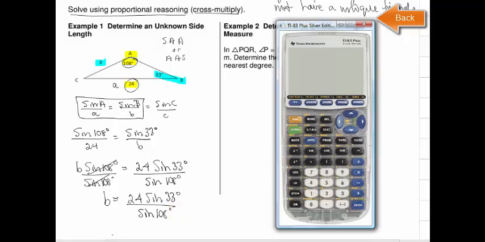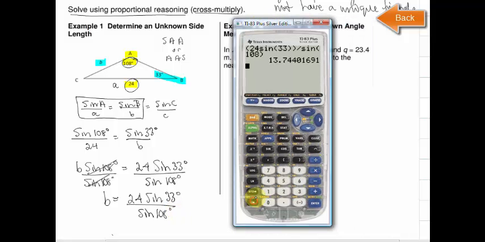Now I'm going to work that out on my calculator. Just a reminder that because we have two terms in our numerator, when I go to plug this into my calculator, I want to make sure that my numerator is in brackets.